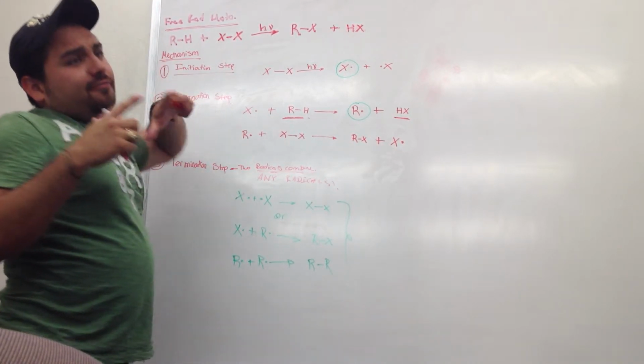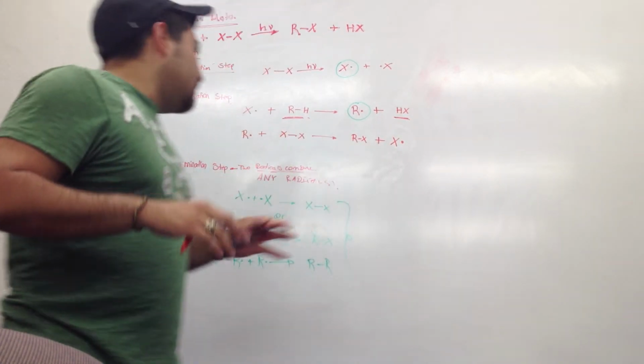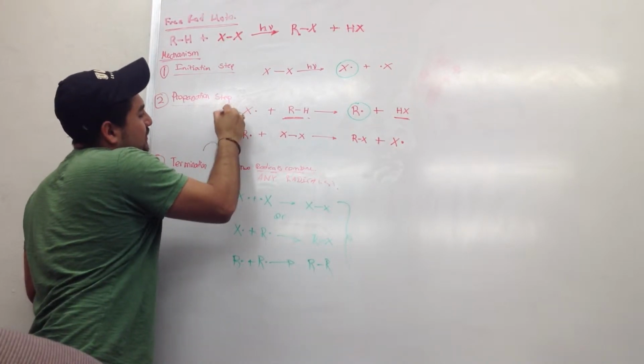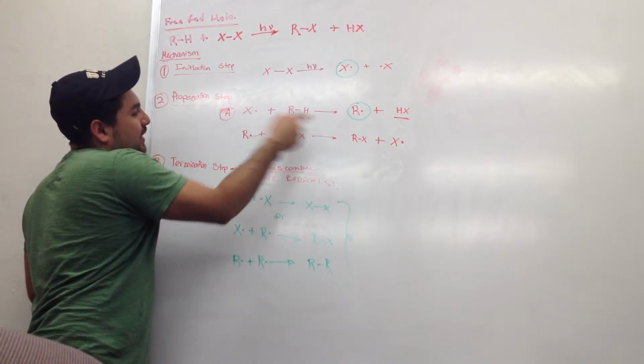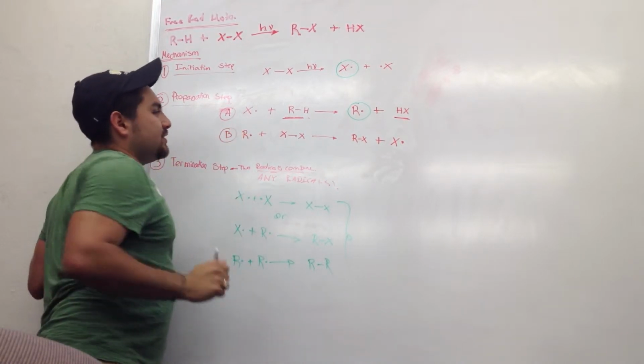I always think of the propagation step as having two sub-steps. This is sub-step A for propagation, and this is sub-step B for propagation as well.